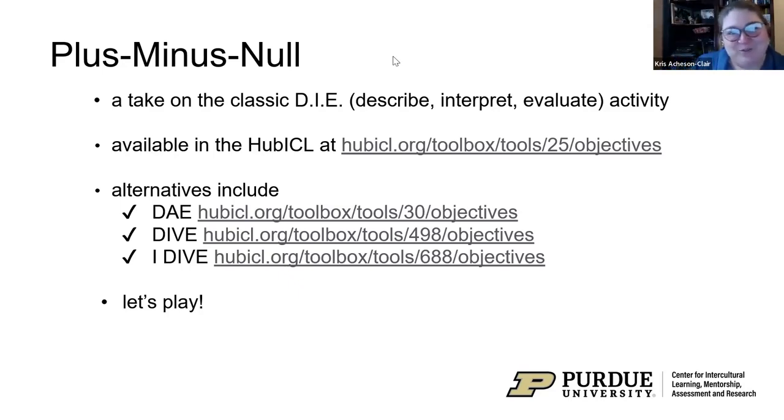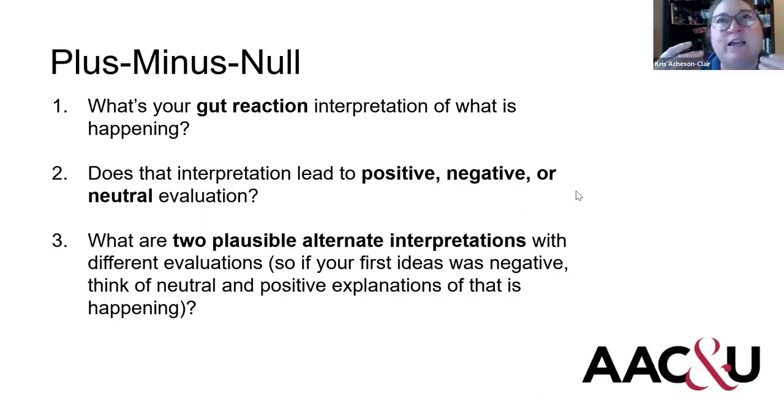So when we do plus minus null, the basic idea is that we're trying to get people to gauge how they're interpreting a situation, an event, an interaction, something that they are experiencing, and determine whether their gut reaction to that is positive, negative, or neutral.